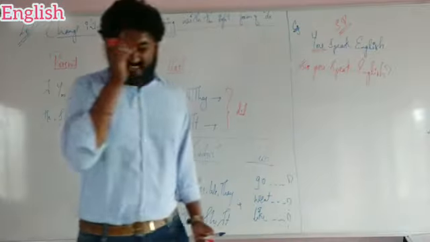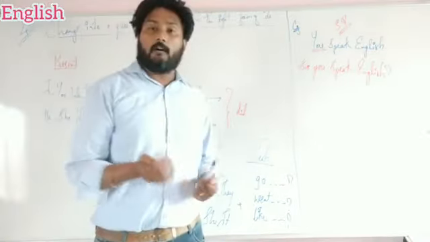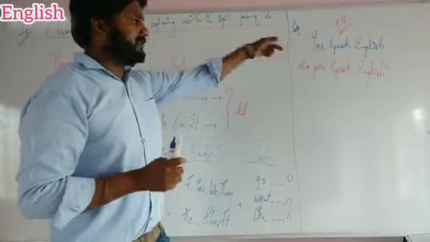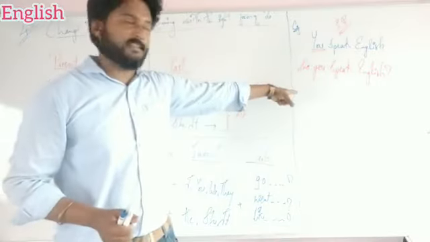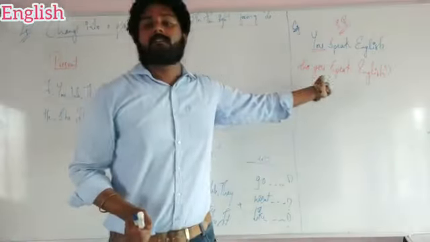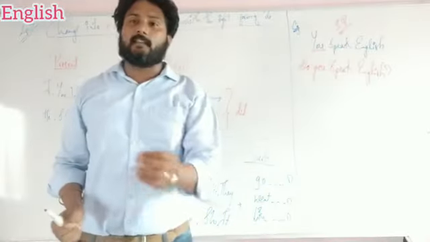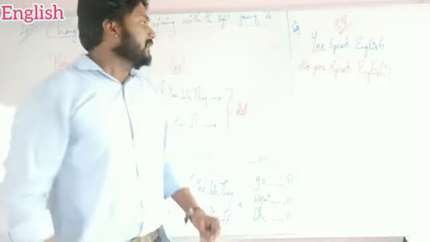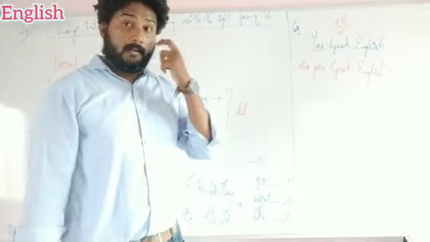The simplest form of solving the question is to take the auxiliary, add it in front of the subject, and then the statement follows. At the end of your statement, there should be a question mark. This is how to solve the problems.